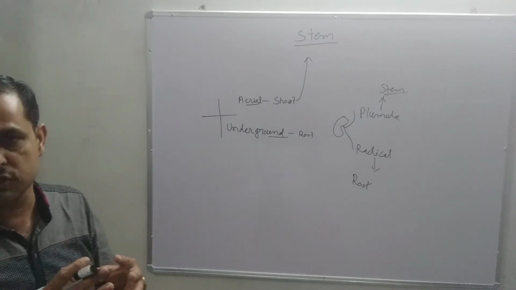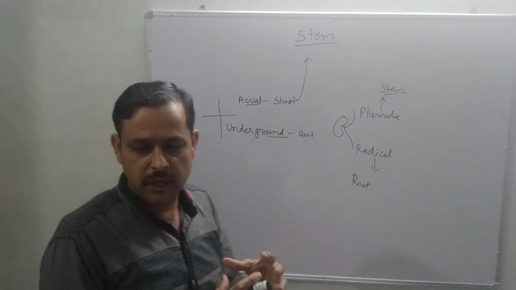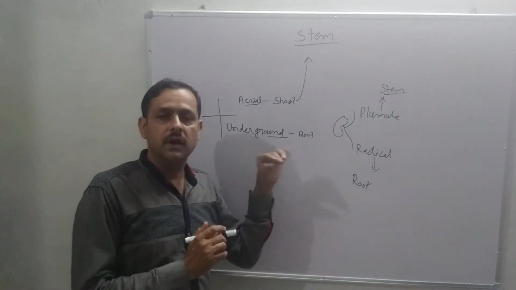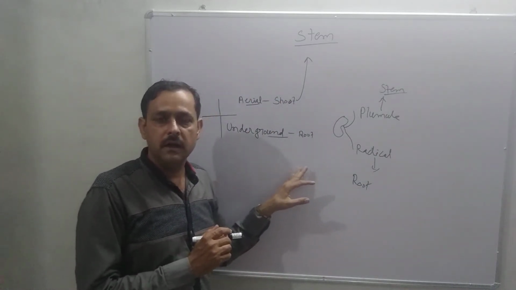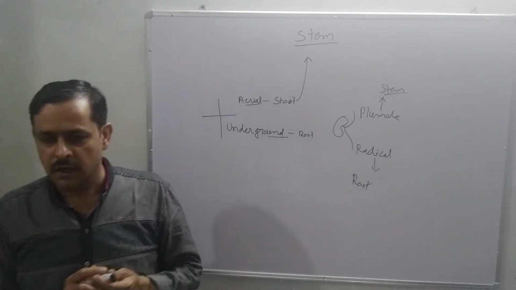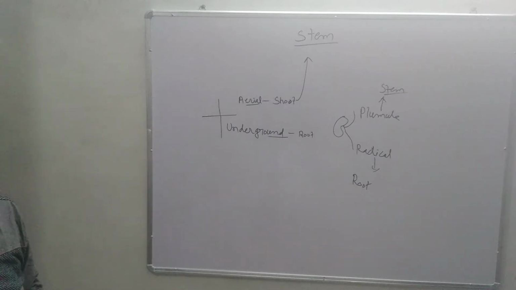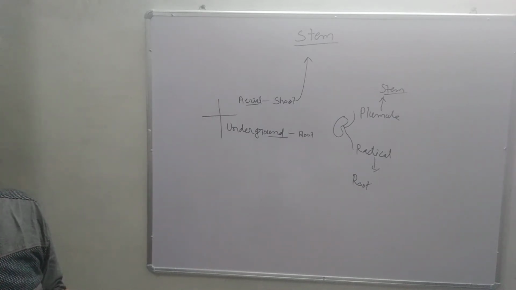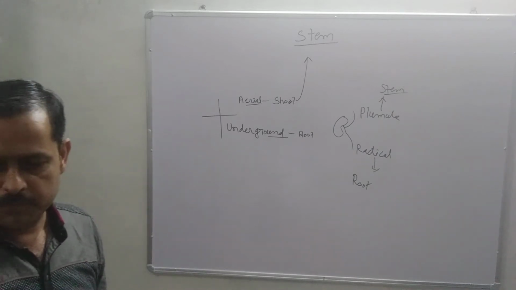Stem is normally positively phototropic. Stem also bears buds, and buds are of three types: axillary bud, apical bud, and another bud. It has multicellular hair on the external surface. Scales, leaves or adventitious roots may appear on the stem.